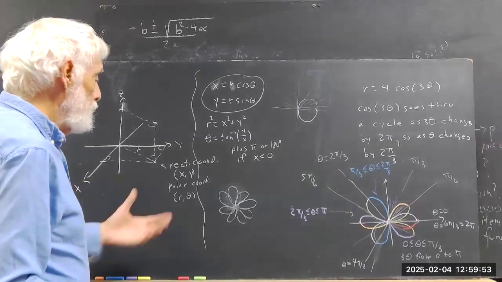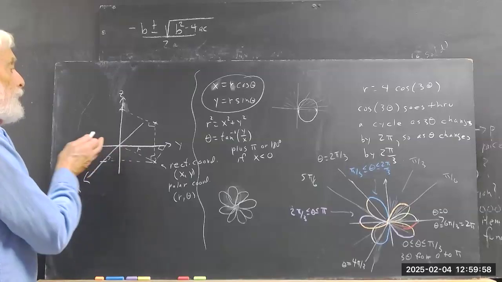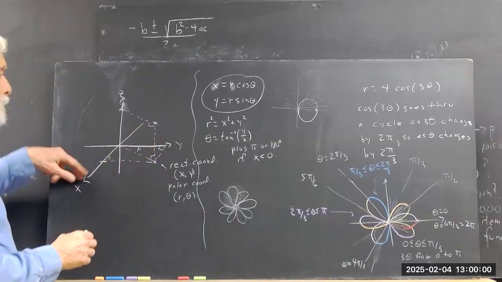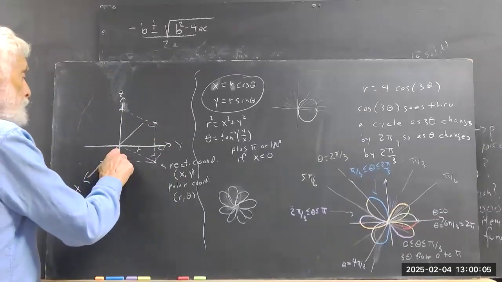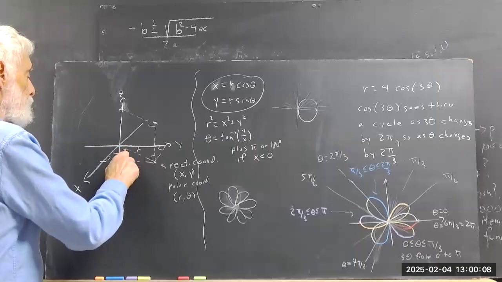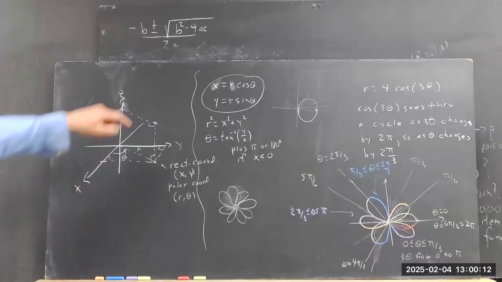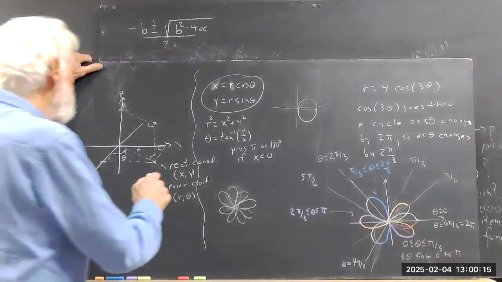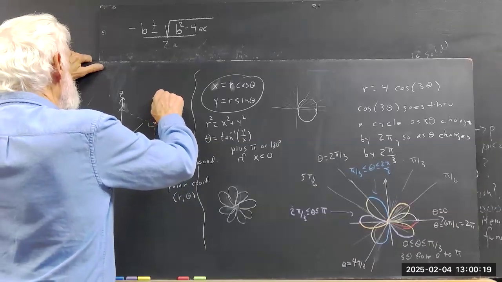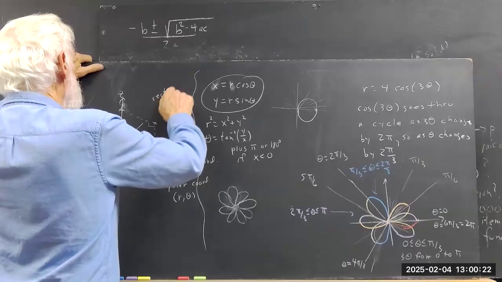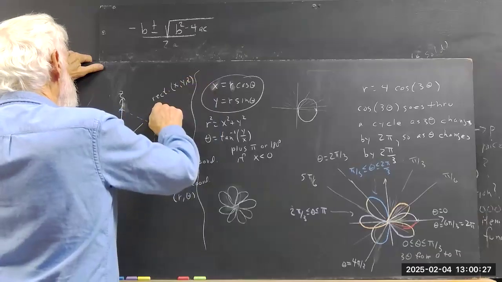And theta. Well, theta in polar coordinates is the angle with the positive x-axis drawn counterclockwise, which means drawn from the x toward the y-axis. So that theta is here. So the coordinates of this point in rectangular are x, y, z.